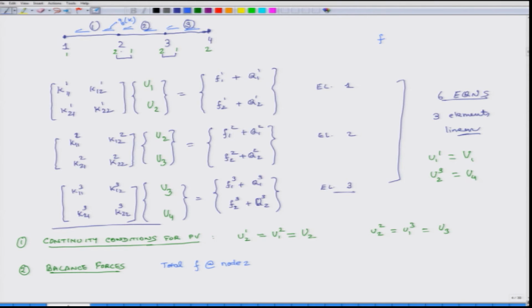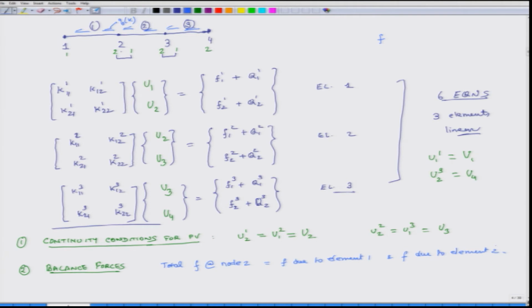I am not talking about point loads at this time. Okay. So, total F at node 2 is equal to F due to element 1 and F due to element 2.